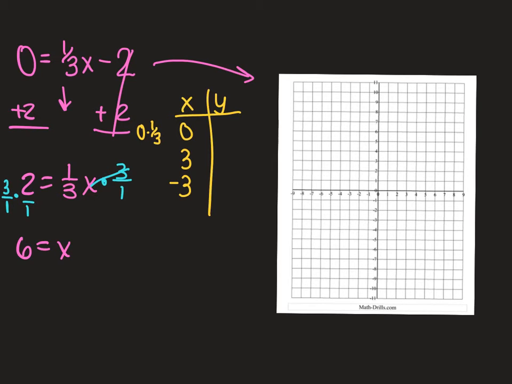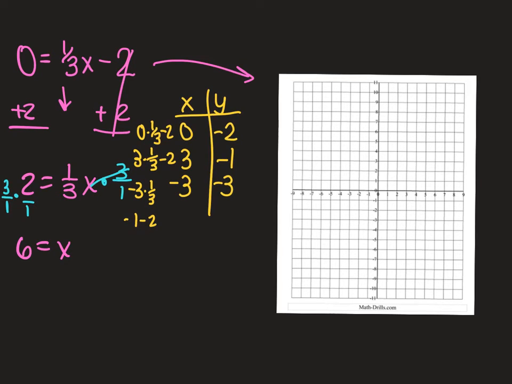Well, that's 0 minus 2. What is 3 times a third? Well, that's 1. 1 minus 2 is -1. -3 times a third, that's -1. -1 minus 2 is -3.